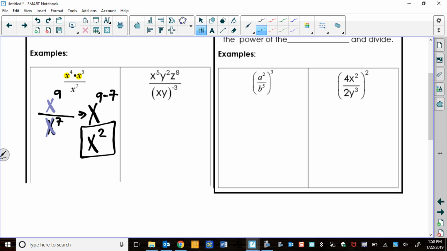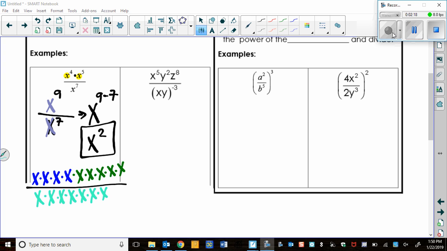Okay, and you're probably wondering, why? How does this actually work? Well, let me show you the long version. What I'm going to do at the top here is expand both of these terms. So basically I expanded this problem, and you can see the two different groups where they're coming from.